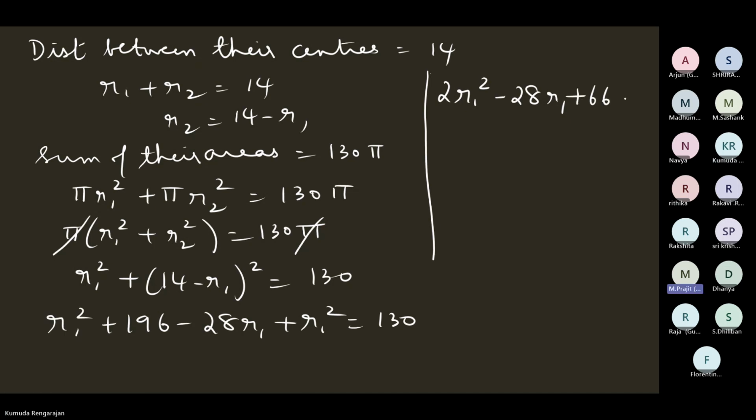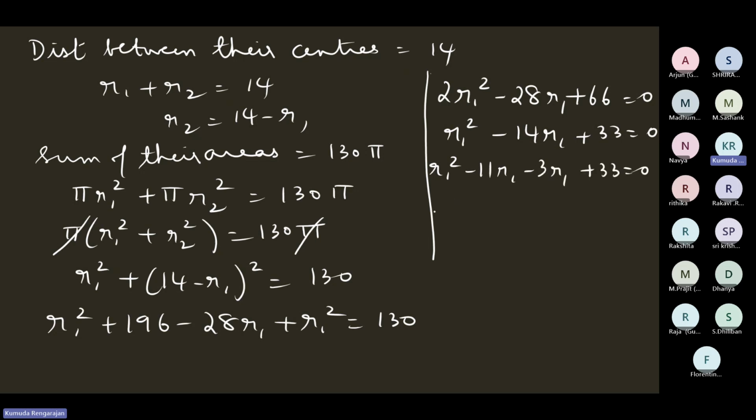Yes, ma'am. Is equal to 0. So dividing by 2 throughout, R1 square minus 14 R1 plus 33 is equal to 0. 11 3s are 33, so R1 square minus 11 R1 minus 3 R1 plus 33 is equal to 0. R1 common, R1 minus 11, minus 3 times R1 minus 11, is equal to 0.